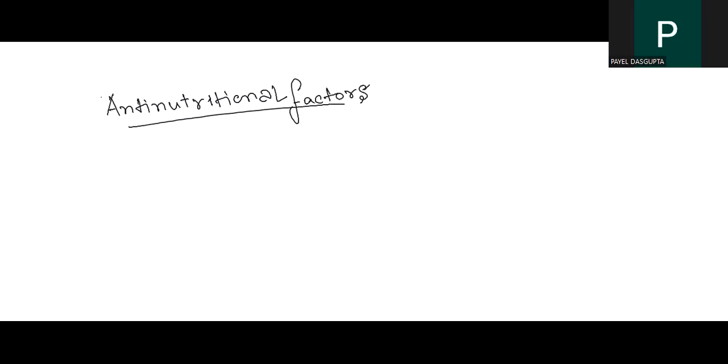Because sometimes we work in extraction. Sometimes the research goes with extraction from a plant material, or you are about to go for some product development from a source. For example, suppose you want to make some soy-based product.